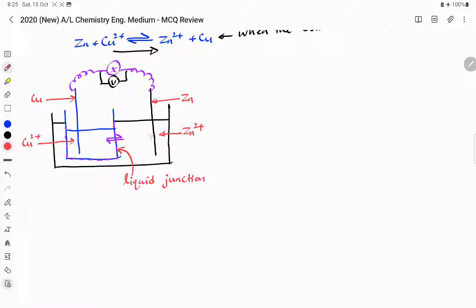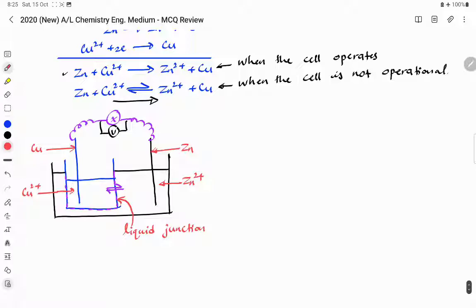Now when the cell operates, you can see that zinc ions are concentrating in the solution here. Copper ions are decreasing inside here. Therefore, a liquid junction potential. So there will be a higher positive potential generated here, less positive potential generated here. So there is a potential difference between the wall of the container of the copper electrode. Therefore, a liquid junction potential is created when the cell operates like this.